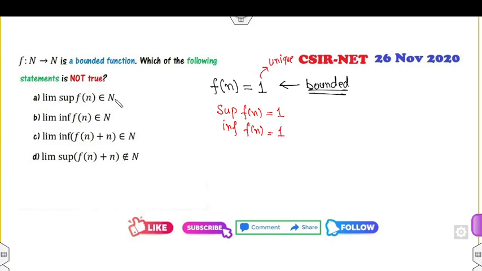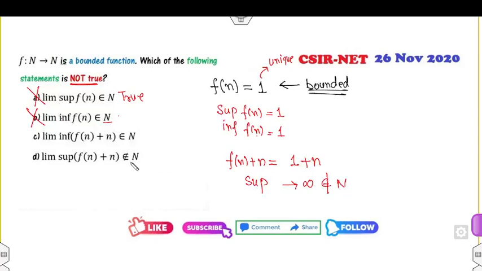Now the first one is 1 belongs to N. That's a correct statement, but we need the not correct statement. Infimum is 1. 1 is also part of the natural numbers. f_n plus n. f_n is 1. 1 plus n. What is the supremum of this? Infinity. Infinity is not part of N. Yes, it is a true statement. The only left option is C, which is the right answer of this problem.